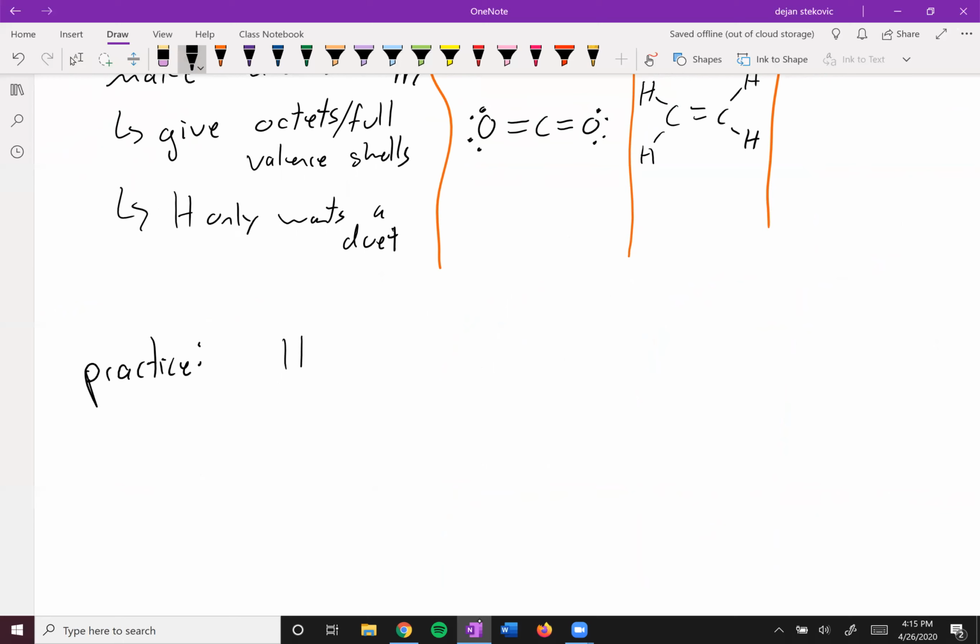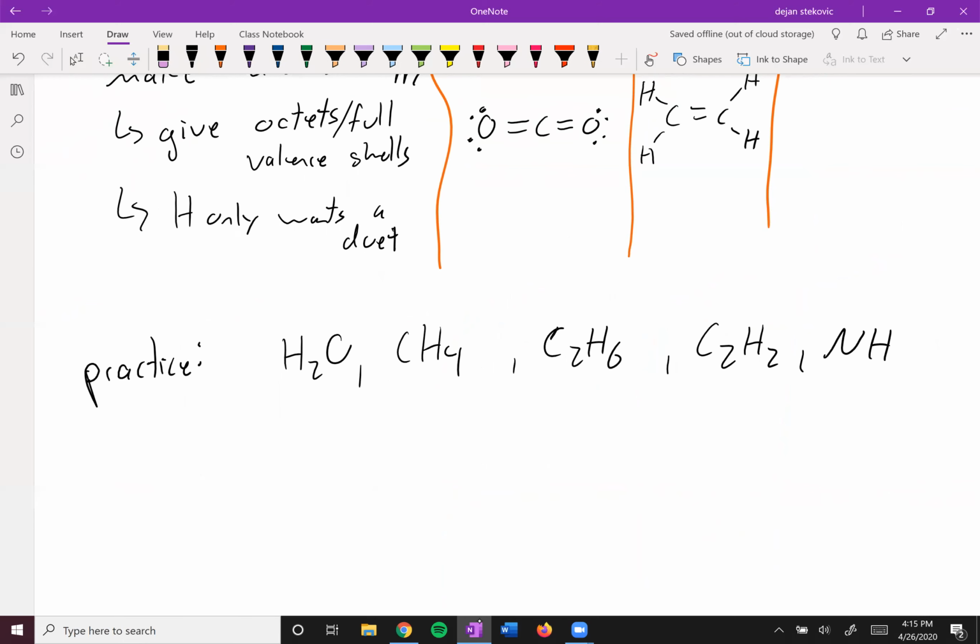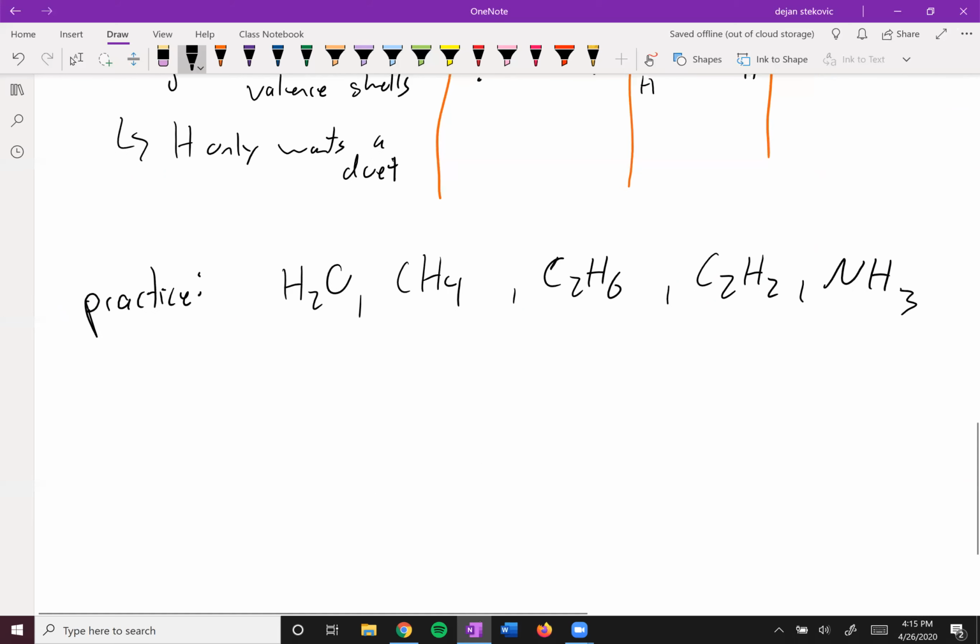So I'm going to write some molecule structures here: water, methane, ethane. All right, so here's some formulas. Go ahead, pause the video and draw the Lewis structures for them. All right, so hopefully you paused the video.